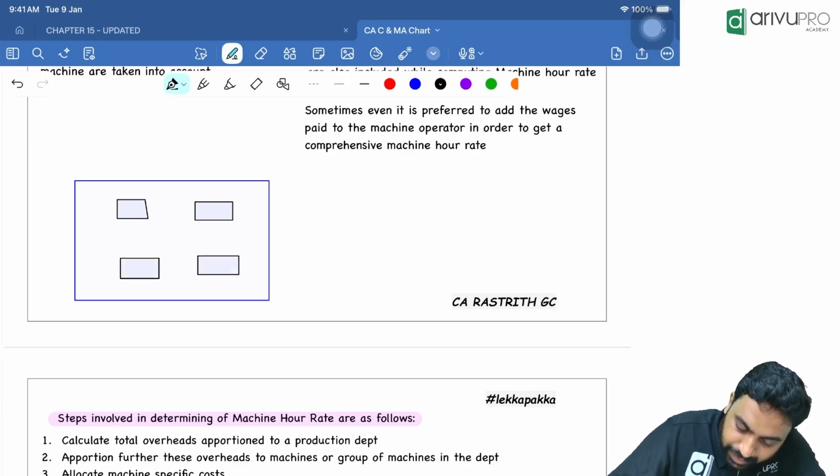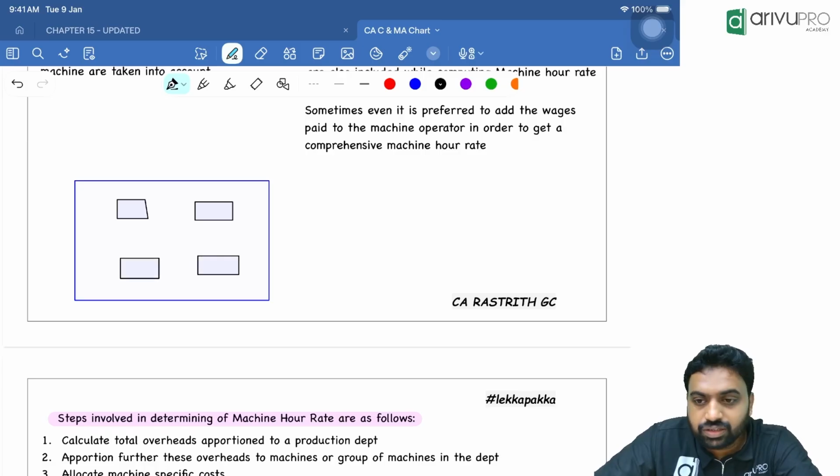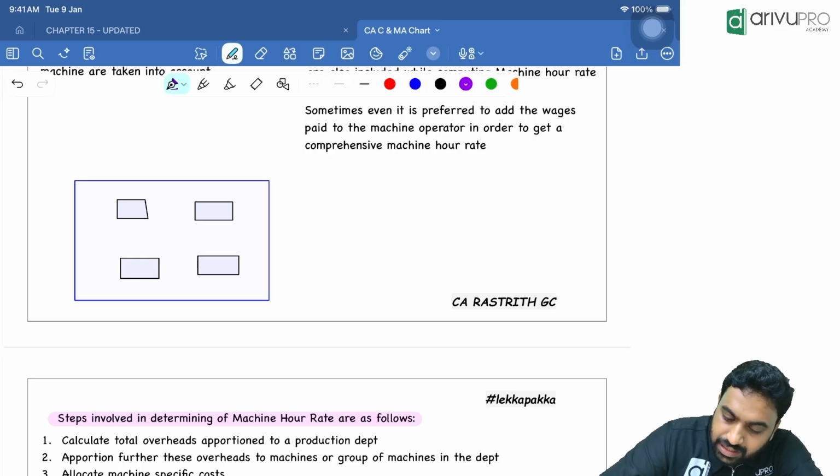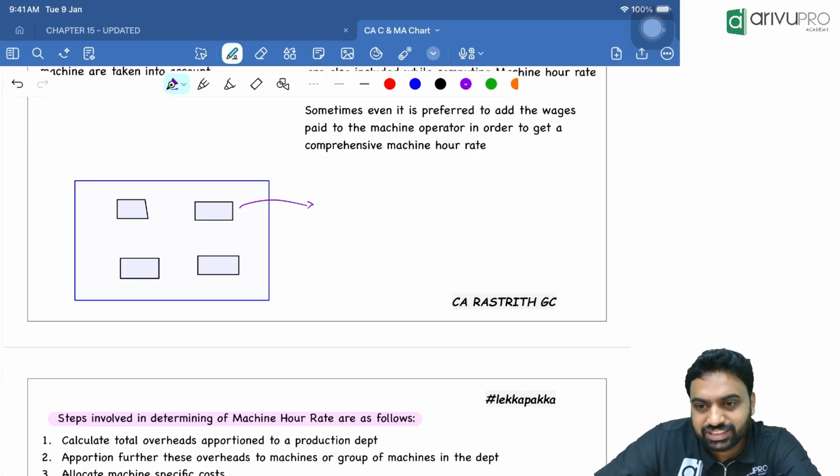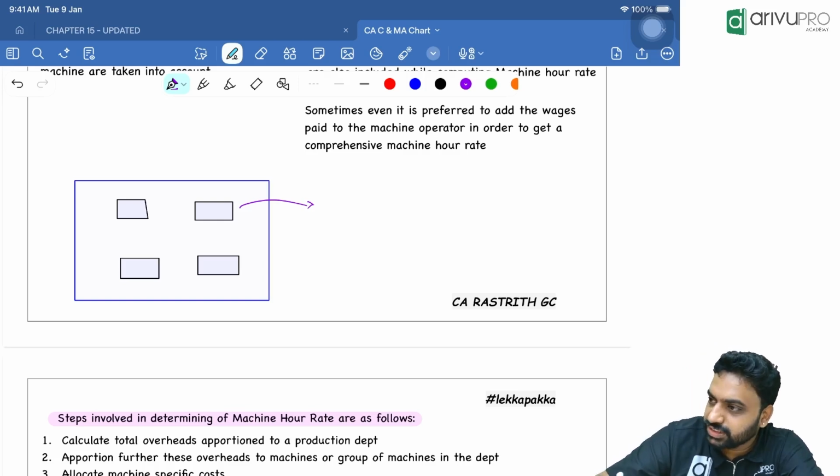Now when you determine cost per running these machines, that only is your machine hour rate, that only we are going to charge to final product. Direct machine hour rate means we take only and only direct cost of these machines.